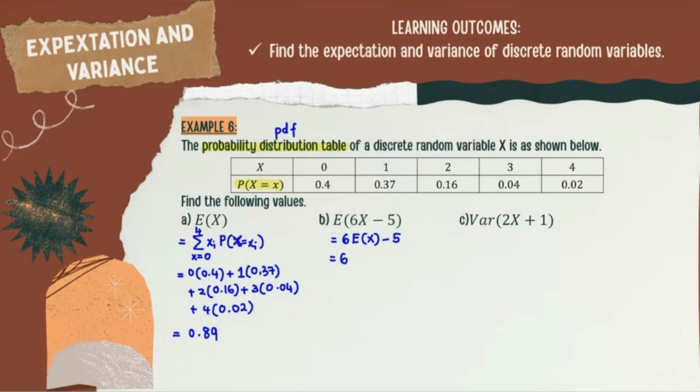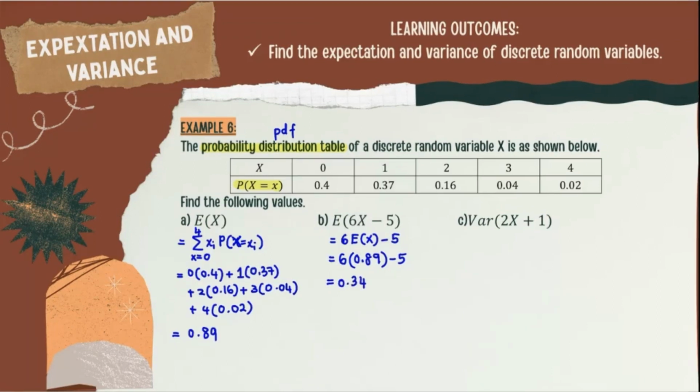Tadi E of X kita kira dapat 0.89 and then you minus dengan 5. So I get 0.34. Now, boleh okay. Now kita akan tengok E of X squared sebab soalan seterusnya adalah variance kepada 2X plus 1.